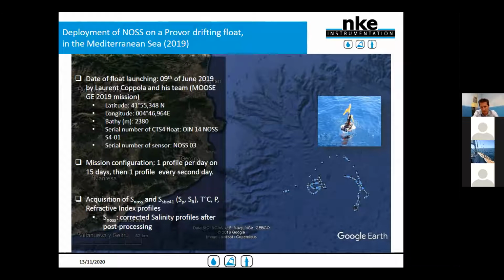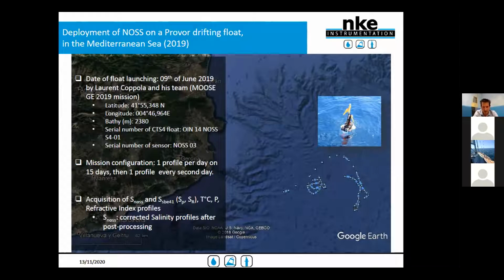The objective of this cruise was to identify the effect of biofouling on the measurement, and to qualify and provide a maximum of profiles in salinity with the NOSE sensor.